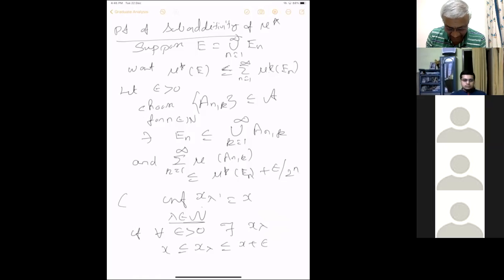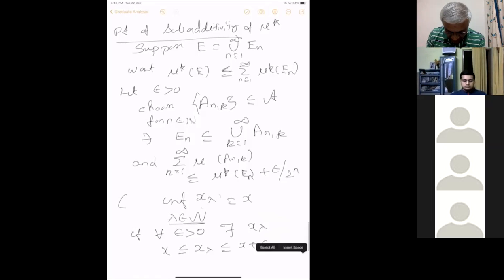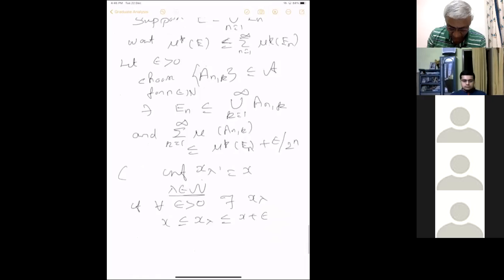It may be attained, for example if it is a compact set. But it is this x given by this unique property: if you increase x by epsilon, then between x and x plus epsilon there will exist some x lambda. That is the definition of infimum. So I am just using this definition.